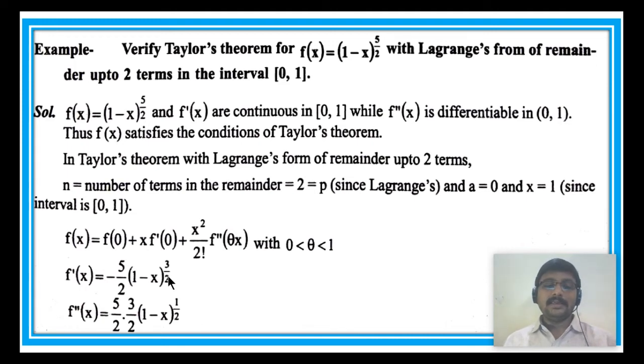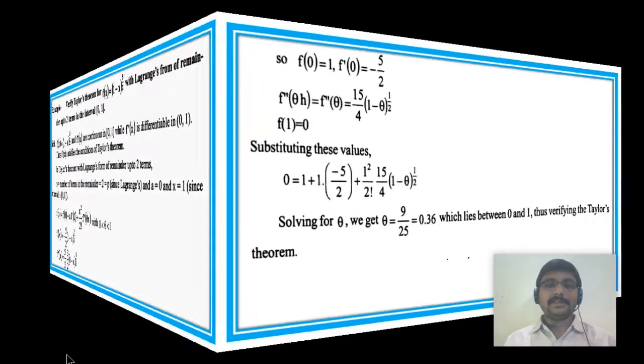So again differentiating f dash of x with respect to x, we will get f double dash of x. So these are the successive derivatives of f of x with respect to x, f dash of x and f double dash of x.